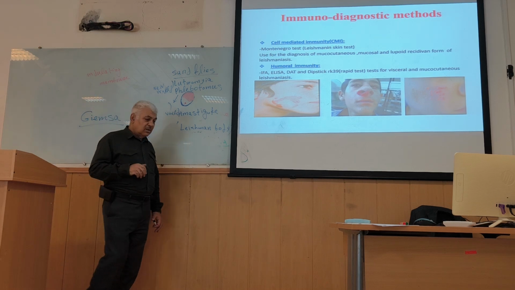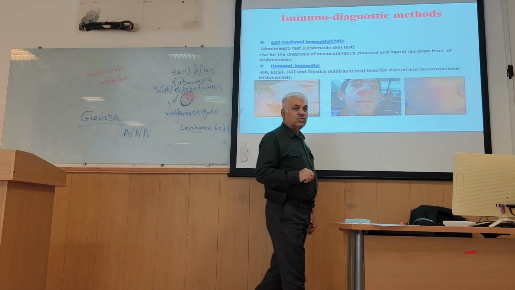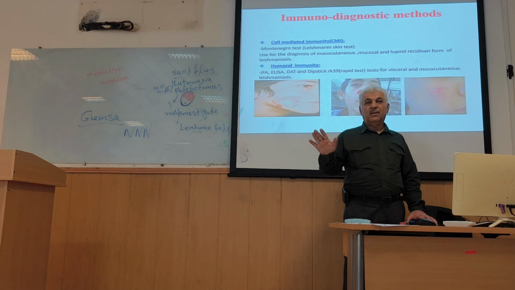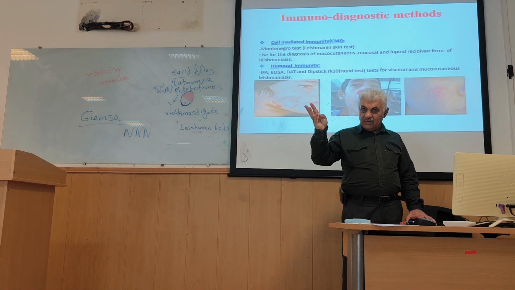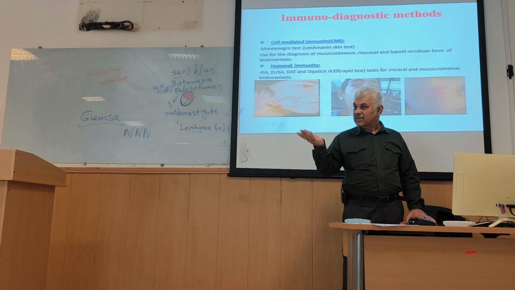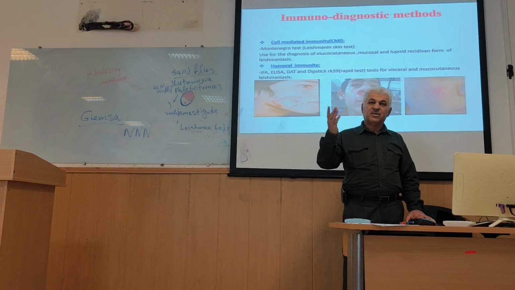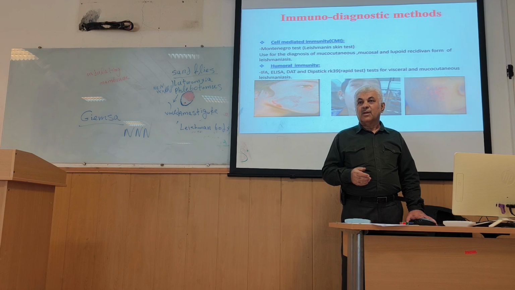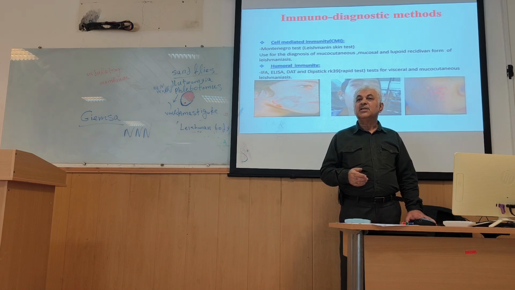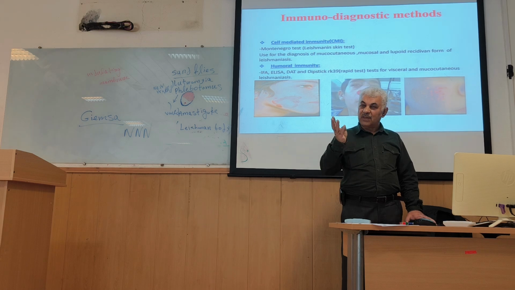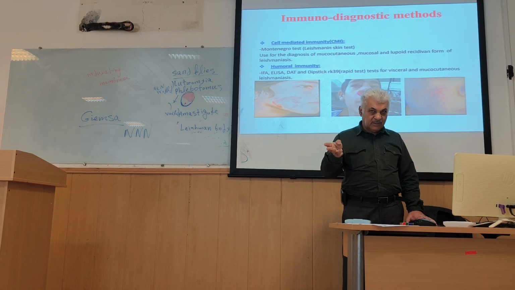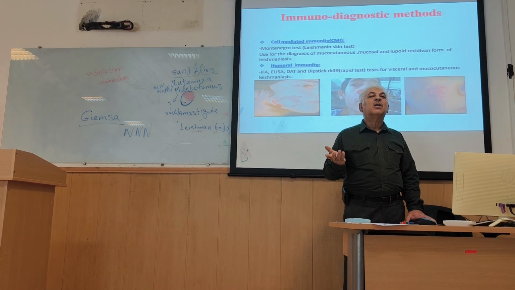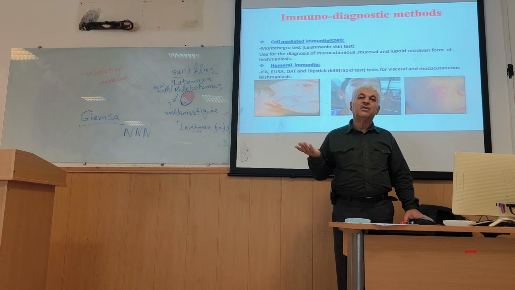Acquired immunity is divided into 2 sections. Cellular immunity, cell-mediated immunity, lymphocyte T, and the second is humoral immunity, lymphocyte B. We can use cellular immunity, cell-mediated immunity, or humoral immunity for the diagnosis of leishmaniasis.